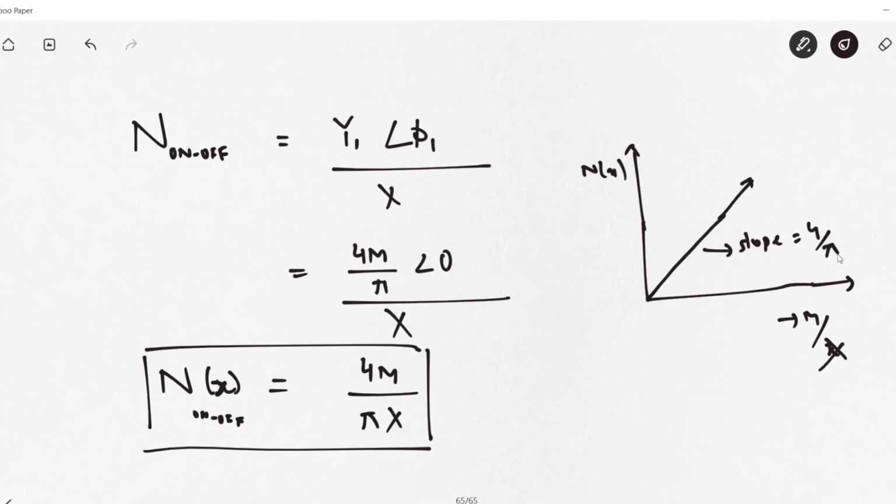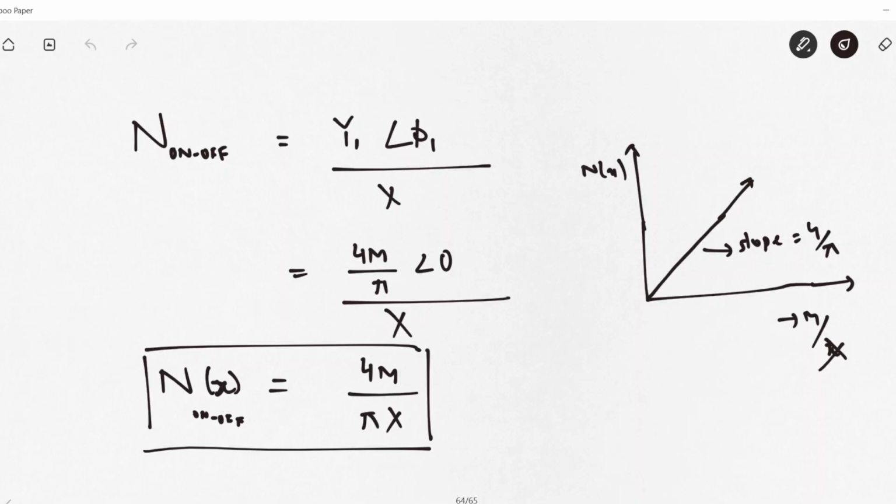So we'll actually be looking at these plots. We'll be looking at the plot of n of x with respect to the magnitude of the sinusoidal input as well as the magnitude of the on-off relay itself. We'll plot those two graphs and see what this plot will be. In this case, it is a straight line having a slope of 4 divided by pi.